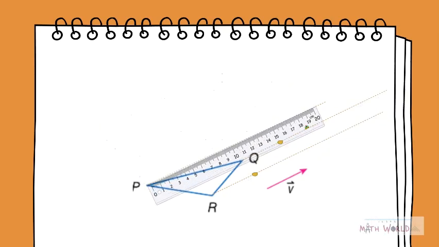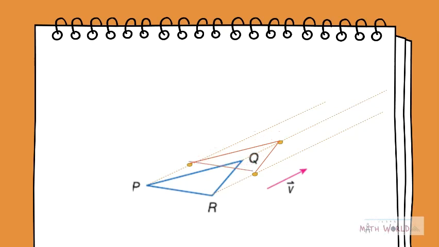And let's go to the last one, P, and plot a new point on 5. So this is P dash. Now the next step is to connect between points by using lines. Then we have the new triangle. This is the new image of the triangle, or the translated triangle along vector V.